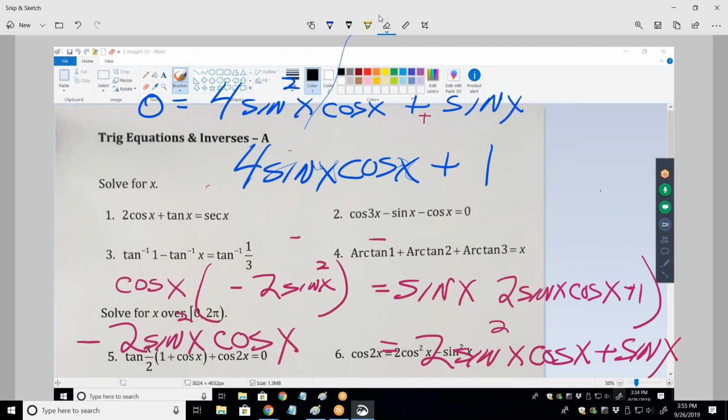Divide both sides by 4. No, that's equal to 0, isn't it? Yes, all of this was equal to 0. Got to do it this way.